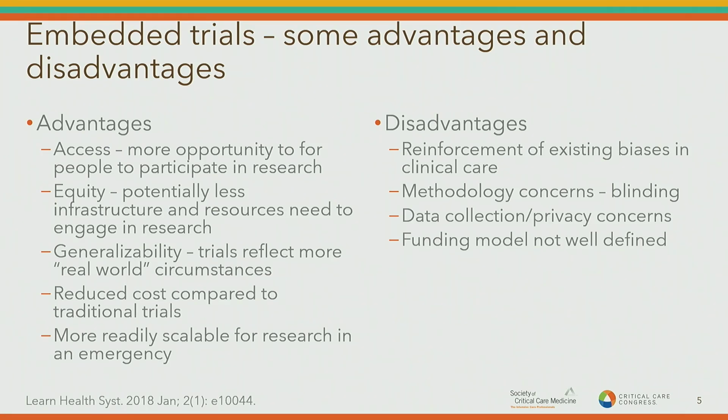There are methodologic concerns that can be addressed with some statistical analyses, but it is not the pure traditional RCT model. There are lots of issues around data collection and privacy concerns that tools like EDGE are trying to help us overcome, but I think institutions still have a great deal of caution about their data leaving the proverbial firewalls of their institutions.